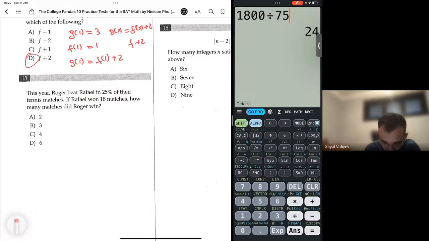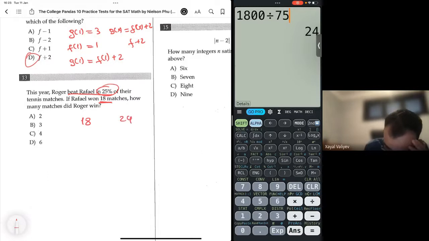The question itself is telling us Roger beats 25% means 25% more than the number of matches. Like, let's say Rafael won 18 out of 24 matches, and the other one is 24 minus that, which is 6.